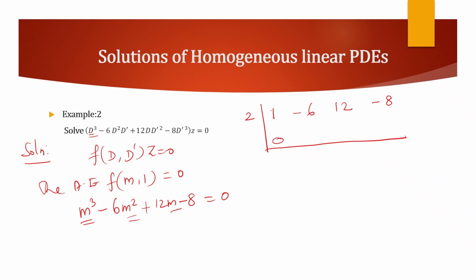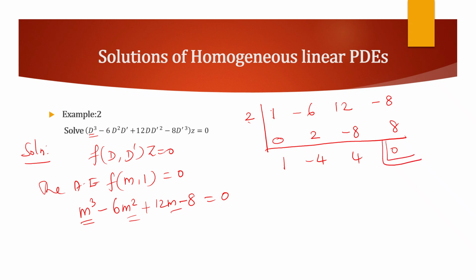Always we put 0 first, then 1 plus 0 gives 1, and 1 into 2 is 2. Addition gives minus 4, product gives minus 8. Then 2 into minus 4 is minus 8, addition gives 4, and product 2 into 4 gives 8. Yes, 2 satisfies this equation because we get the remainder as 0.